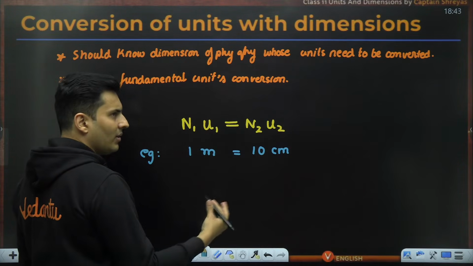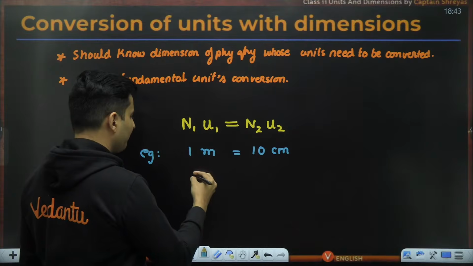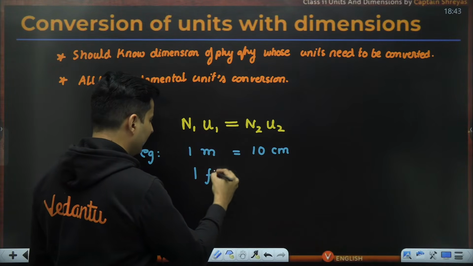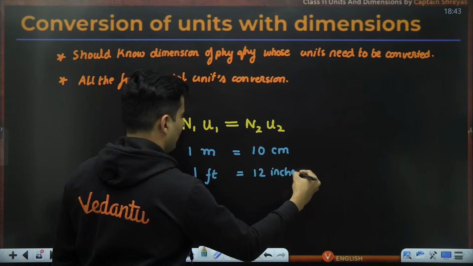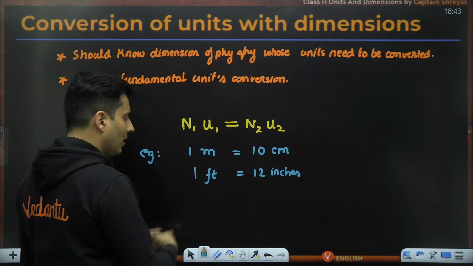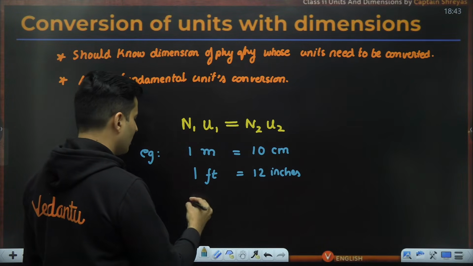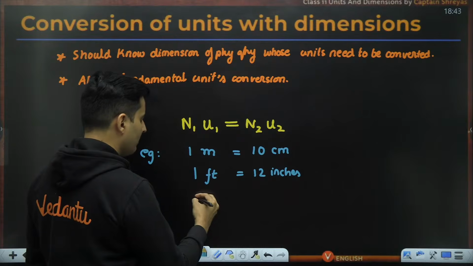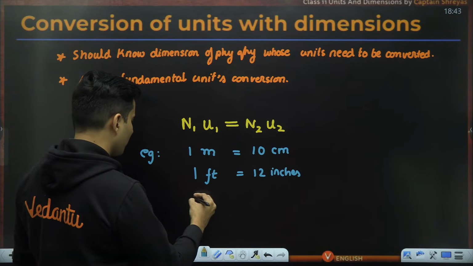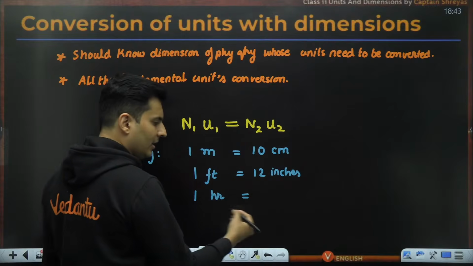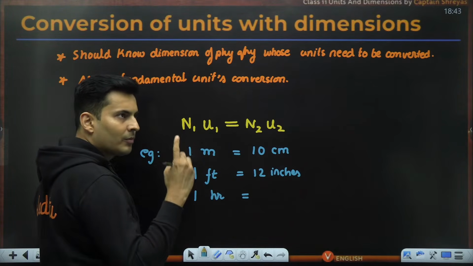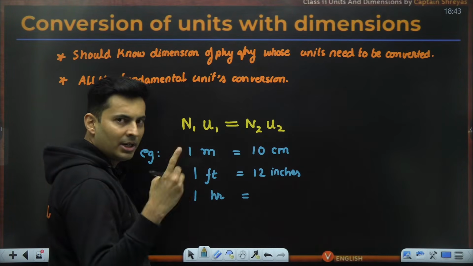Or let's say, for example, I say 1 feet is nothing but 12 inches. Or let's say I give you 1 hour, it's a new unit, is nothing but, see, each hour will have 60 minutes and each minute will have 60 seconds.